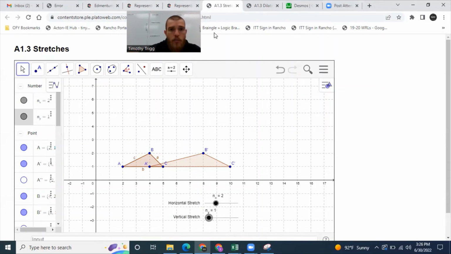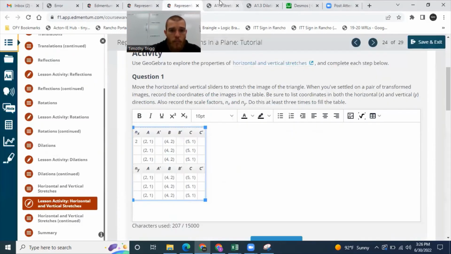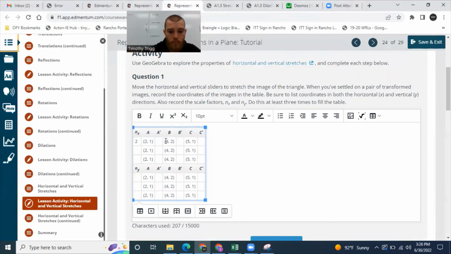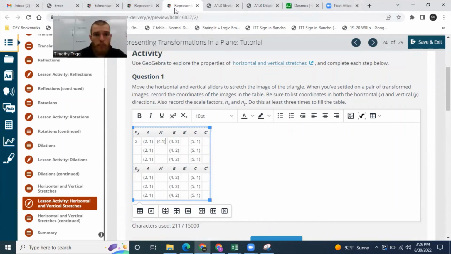Now notice, what do we want to notice here? The original point, 2, 1, what's the point of A prime here? Well, A prime, it looks like it's at 4, 1. What about B prime?